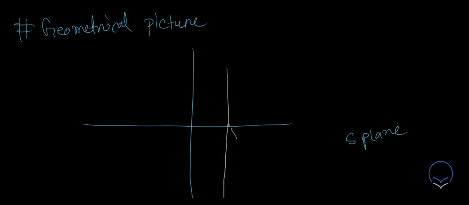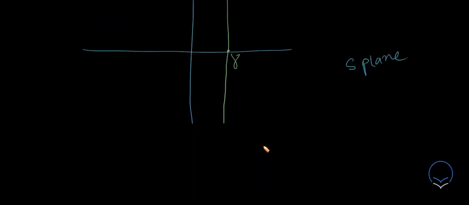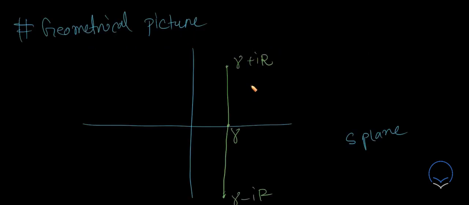This is gamma. Let's say this point has a coordinate of gamma plus iR, and this one gamma minus iR, and we choose this gamma in such a manner that all the singular points of F of s lie on the left side of this straight line.